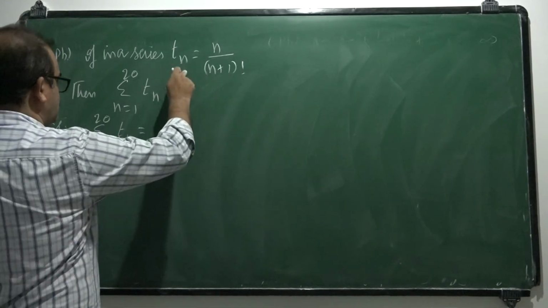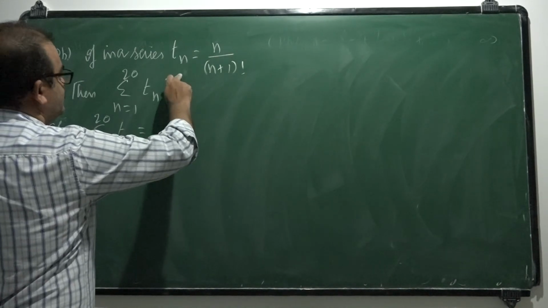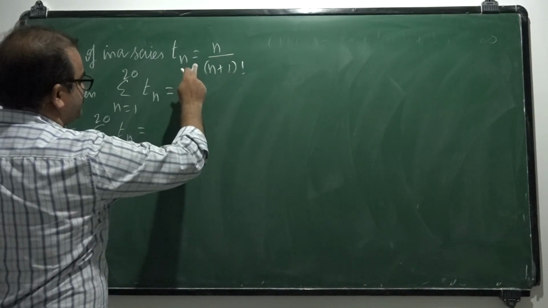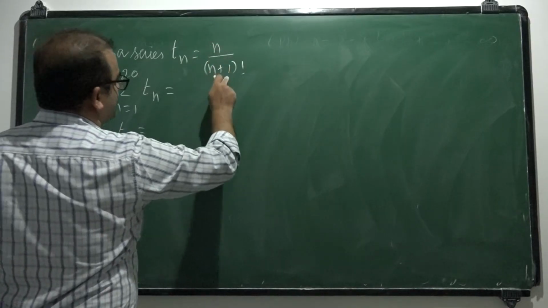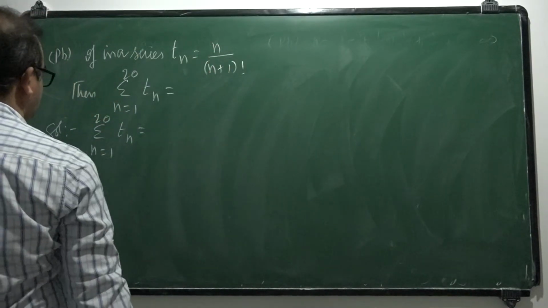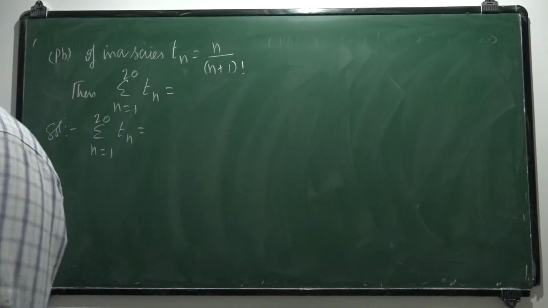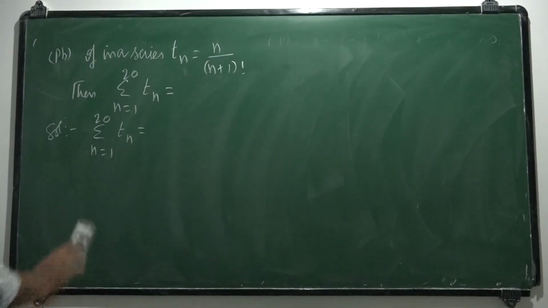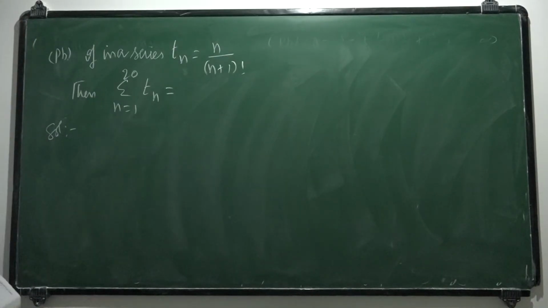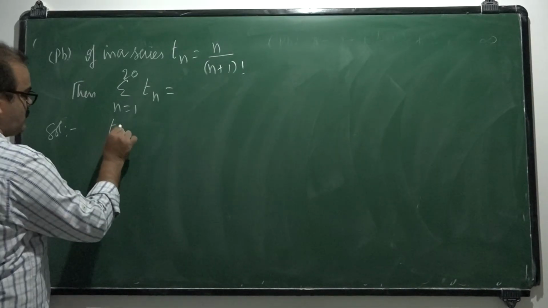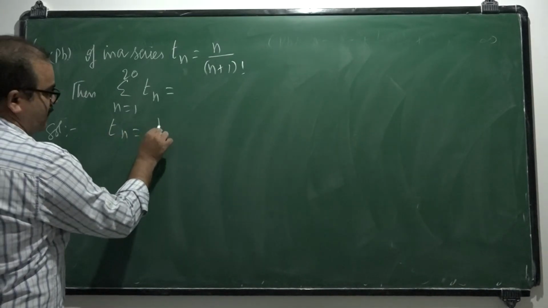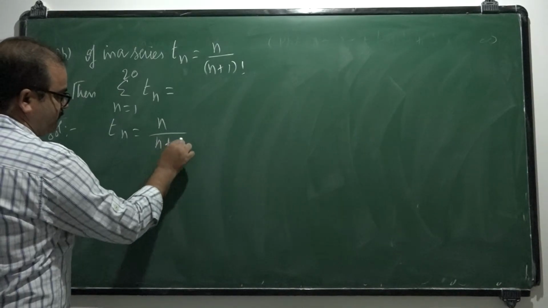First of all, we find Tn value. What is Tn here? N by n plus 1 factorial. First we find Tn value and then we substitute. n by n plus 1 factorial.